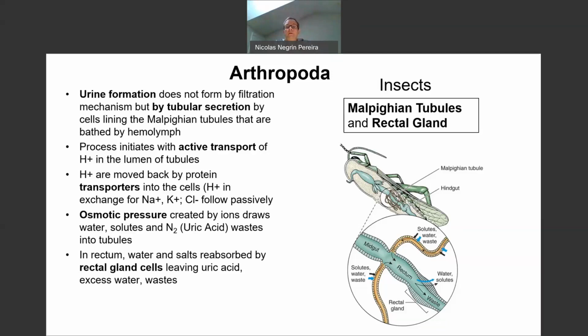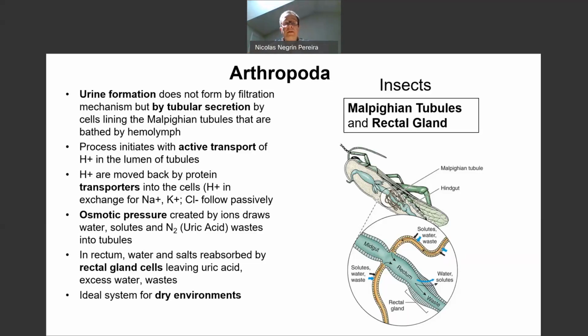So again, the concept in the case of the Malpighian tubules and the rectal glands is that the urine is not formed by filtration like in the other excretory systems, but rather by tubular secretion of ions that are going to draw sodium and potassium inside, and chloride will follow passively, and water will do the same.